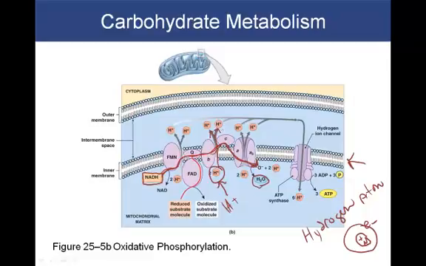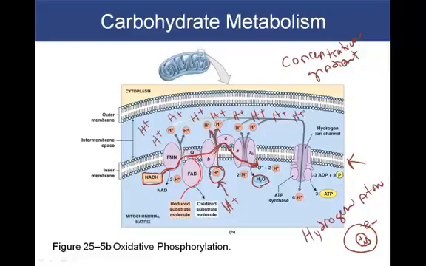And ultimately, this will create a concentration gradient, where you have a whole bunch of hydrogen ions in the intermembrane space and very few hydrogen ions within the mitochondrial matrix.